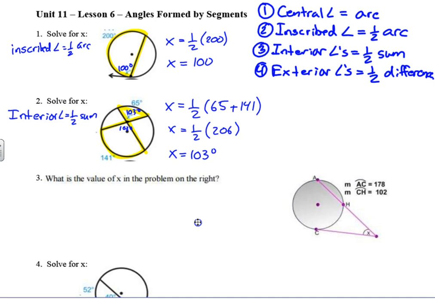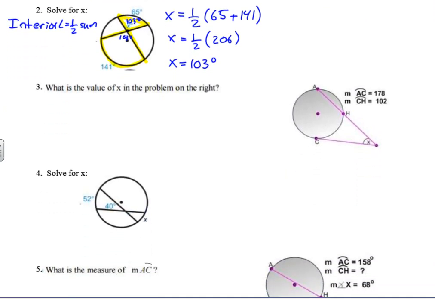All right, number three, what is the value of x in the problem at the right? It says arc AC is 178 degrees and arc CH is 102 degrees. Where is x located? That vertex is an exterior angle, and we know that exterior angles are half the difference.